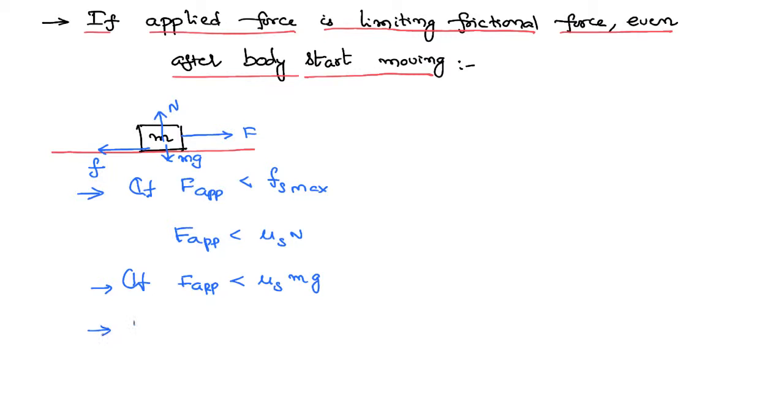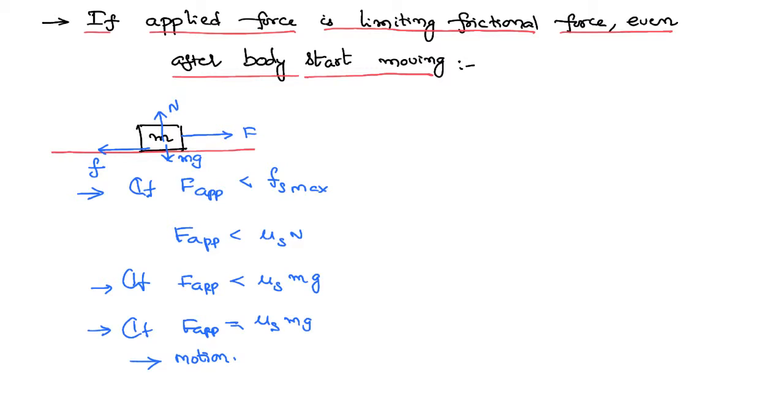And we know if the applied force is equal to the maximum frictional force or the limiting frictional force, then the body starts motion. The body will then be in the state of motion.